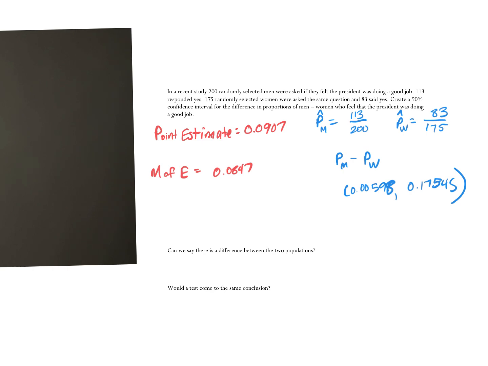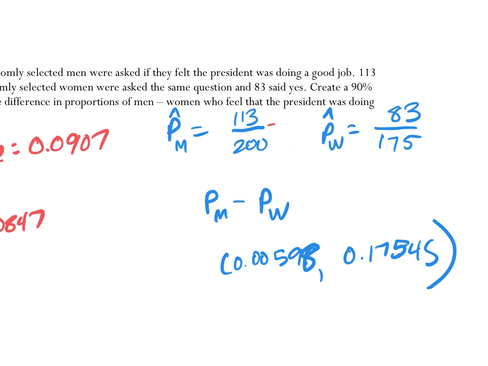Can you guys help me out? Some people figure out what is 113 out of 200, and some people figure out 83 out of 175. 113 out of 200 is 0.565. And what do you think the difference between these two values is? Our samples suggest the difference is around 9%.